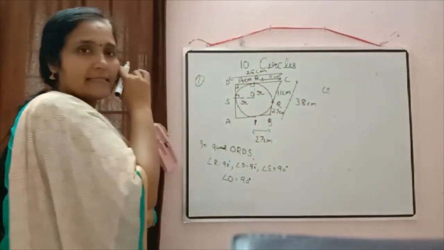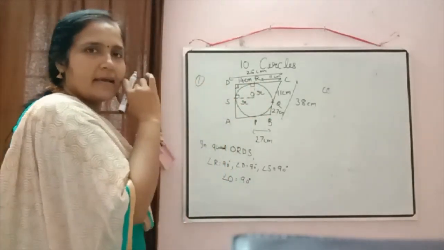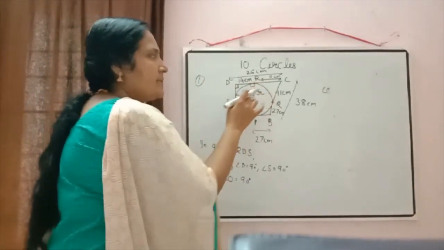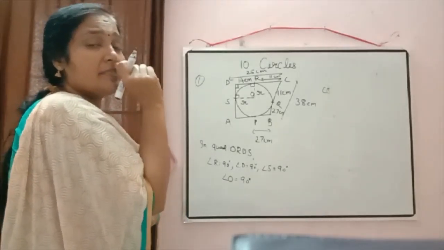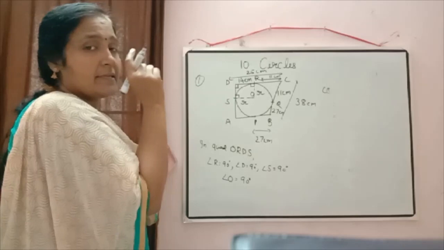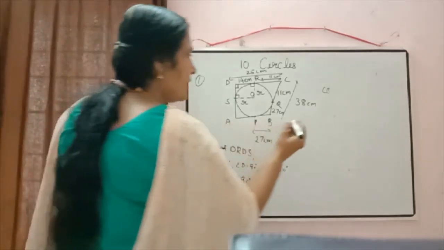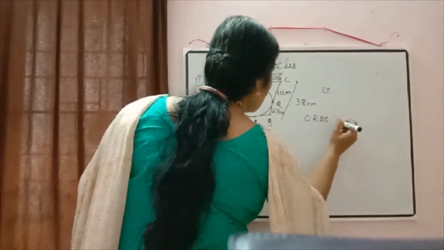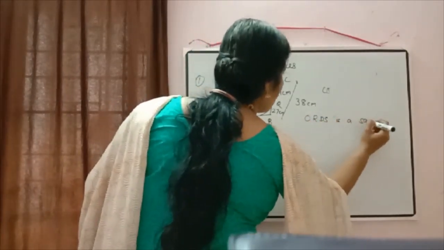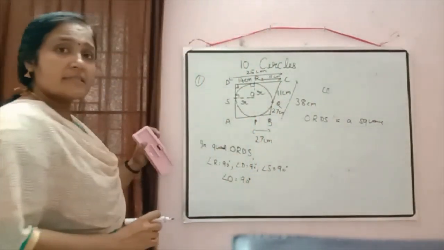What is OS? Radius. So automatically they will be equal in length. If adjacent sides are equal, that is not possible in a rectangle. In which is it possible? Yes, it is possible in a square only. So what can we say? The quadrilateral ORDS is a square.